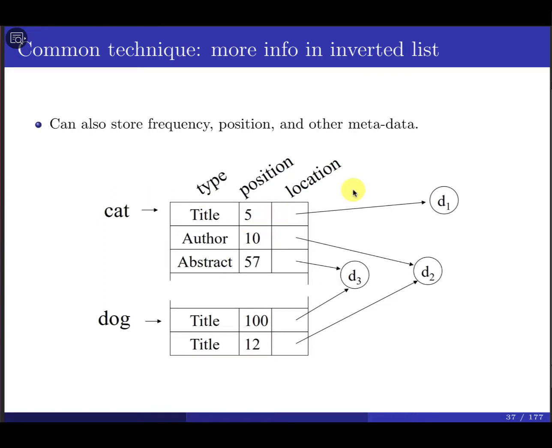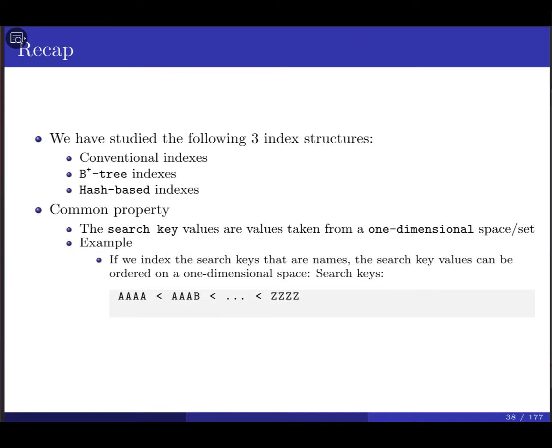If this appears multiple times, maybe as the 5th word, and the 10th and 15th, you can add this information here. In the author, for example, it appears multiple times, and here you can give more details, the pointer to the data, and maybe you can add how frequently this appears in the document, or maybe you can track this information. Okay?